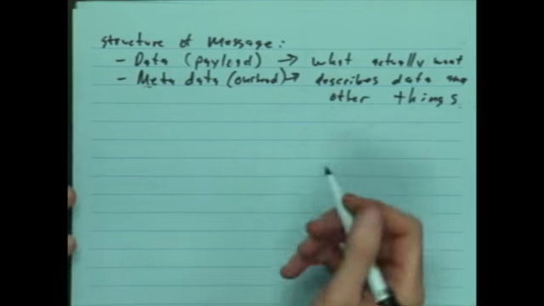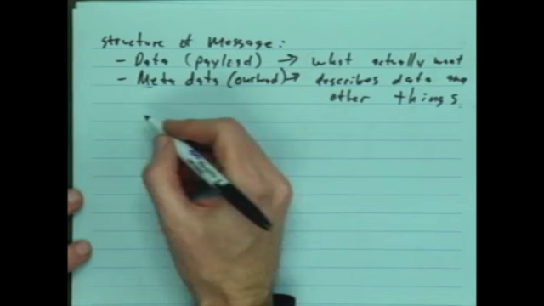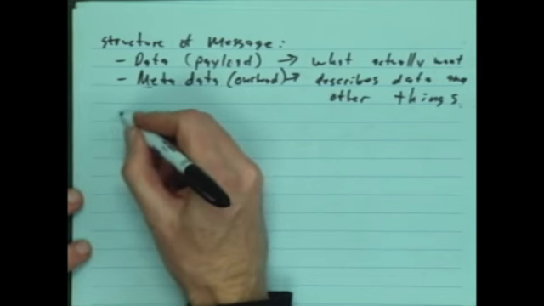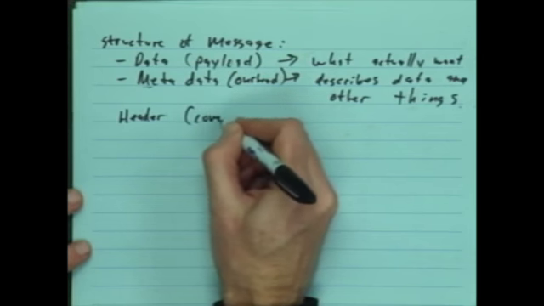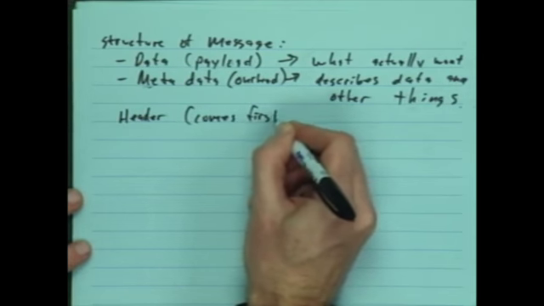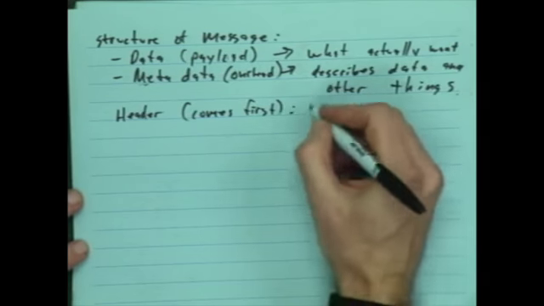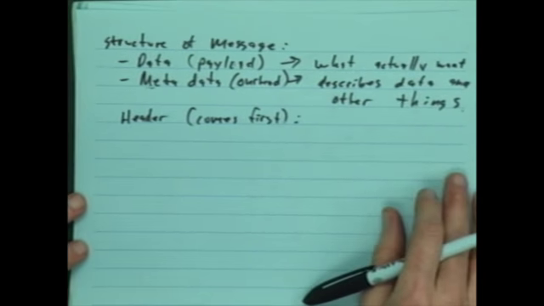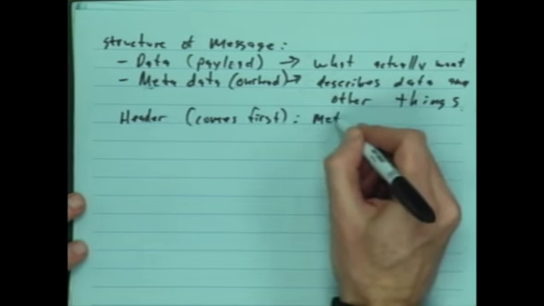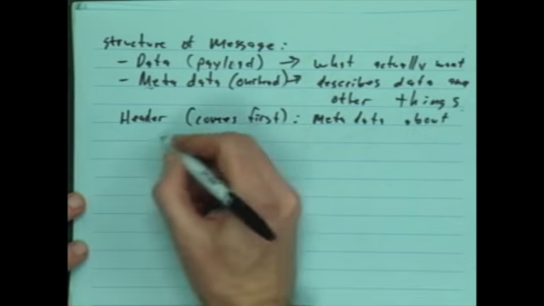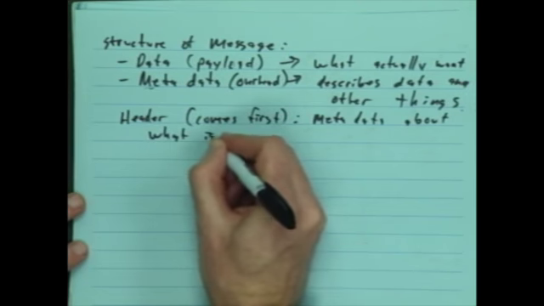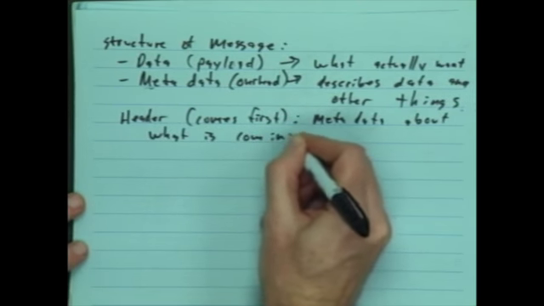Normally, the metadata is in the header. The header comes first. This is most of the metadata, about what is coming.